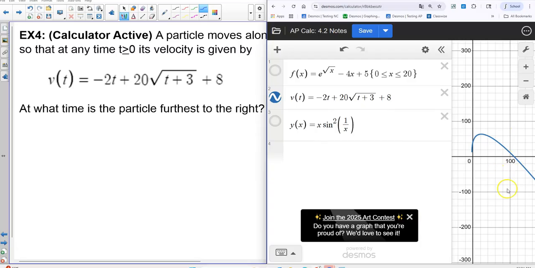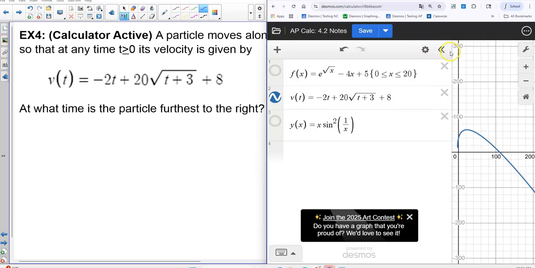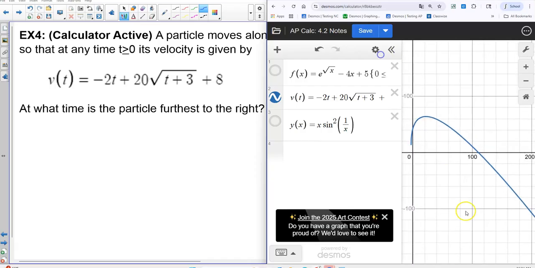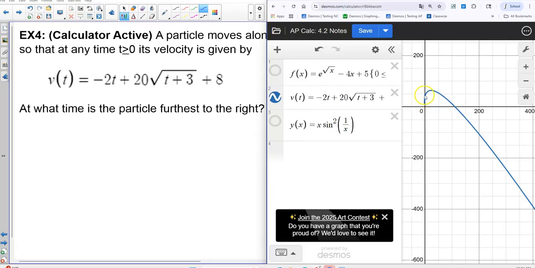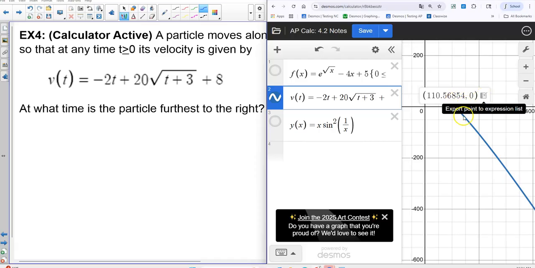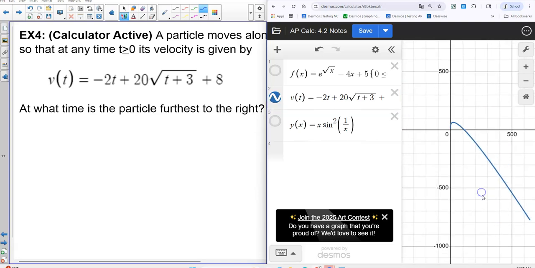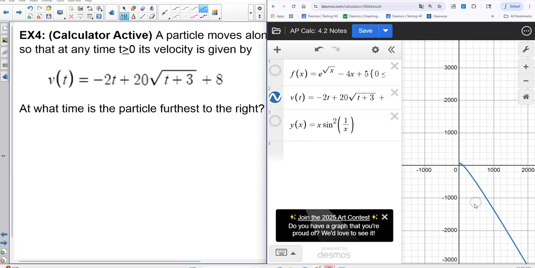So we are looking at this velocity here, and it appears that velocity is positive here, and then right here at 110.56854, we switch our velocity to negative. Does it look like it changes anywhere else?